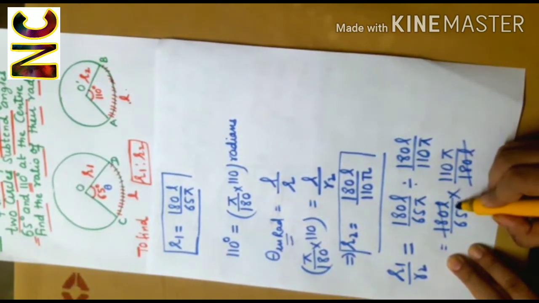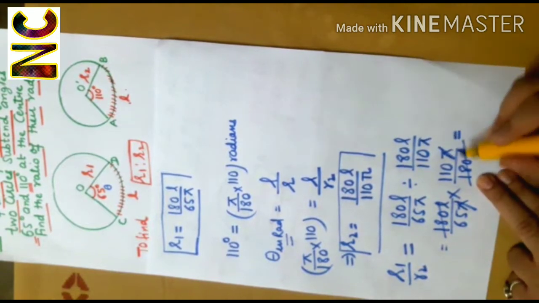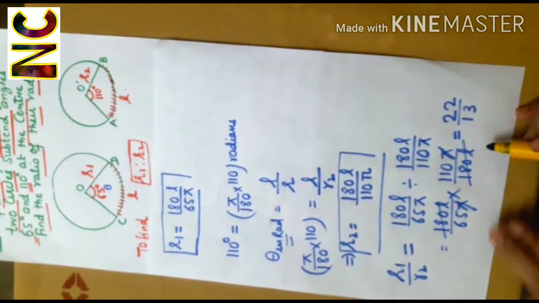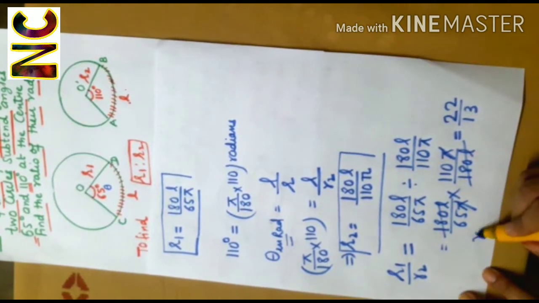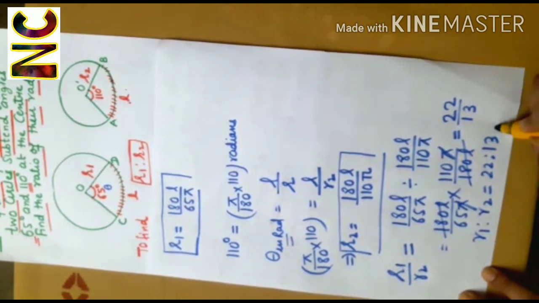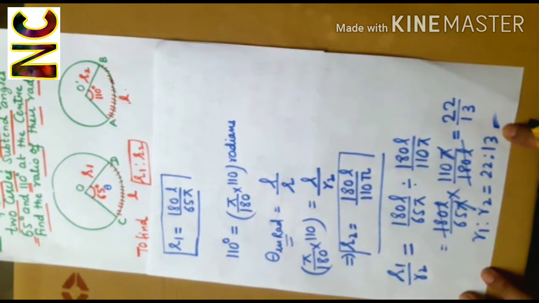The 180 L will get cancelled out, pi will get cancelled out, and here I'll get 22 over 13. So R1 is to R2 is 22 is to 13. So the ratio of the radii is 22 is to 13.